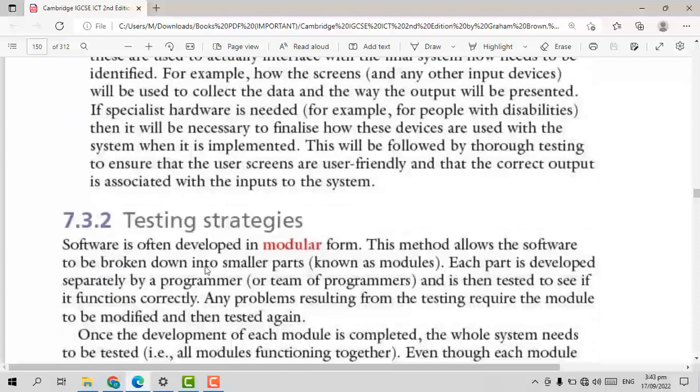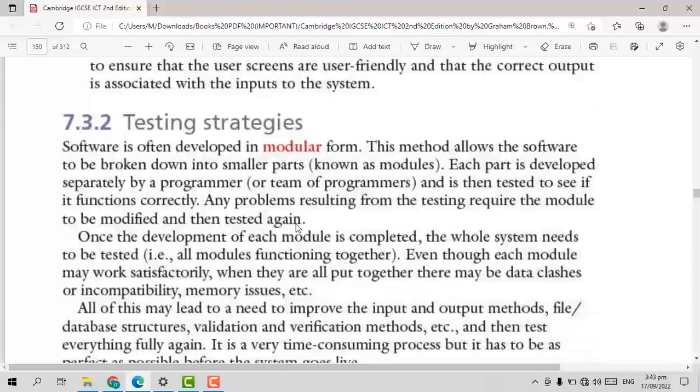Okay. Now, testing strategies. Software is often developed in modular form. This is another term that we need to understand. Modular form. Okay. Imagine that you are designing a social media, and you have a team of, let's say, 15 IT people or 15 programmers.